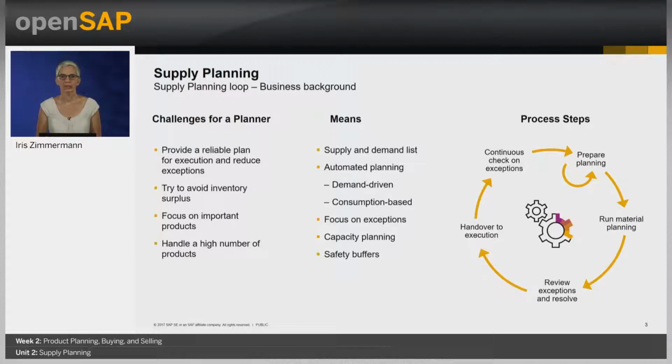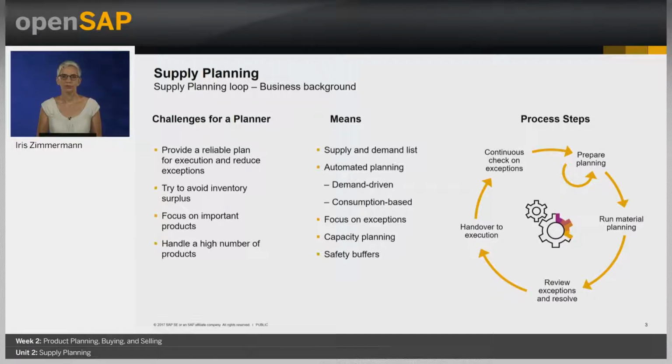It is useful if demand is relatively constant, lead times are short, or storing the material is inexpensive. Another means for the planner is the capacity planning, which we'll cover in a later unit. And finally, the planner can use safety buffers with the help of supplier lead times or safety stock quantities.